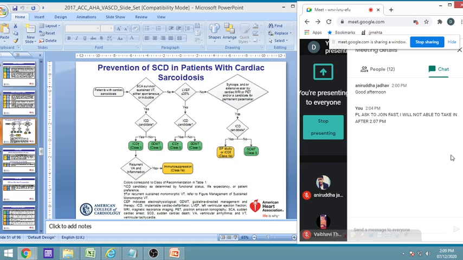If there is no such cardiac arrest, and the left ventricular ejection fraction is less than 35%, if yes, it is less than that, then again go for ICD and treatment as previously. But if no, if it is better, and some other activities are there, check whether the person is an ICD candidate.